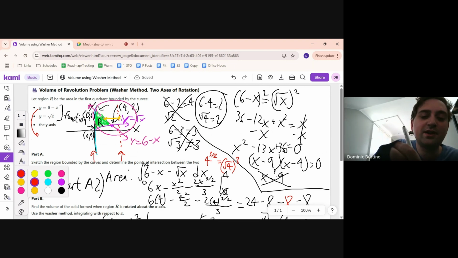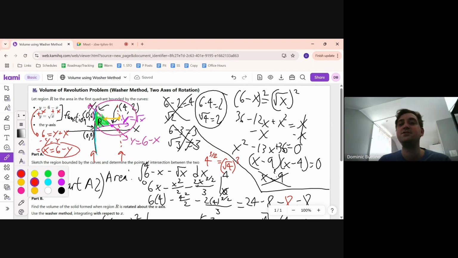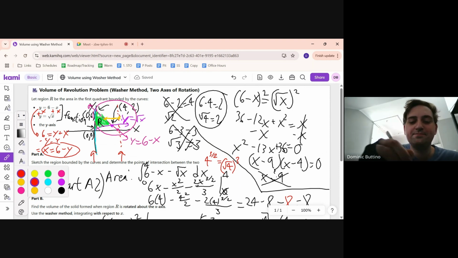And to do that, we're going to add x. You're going to get 6 equals y plus x. And then we're going to subtract y, and now we've got it solved for x. That's actually going to be the x equals version of that top curve. Then on the bottom, what do we do?